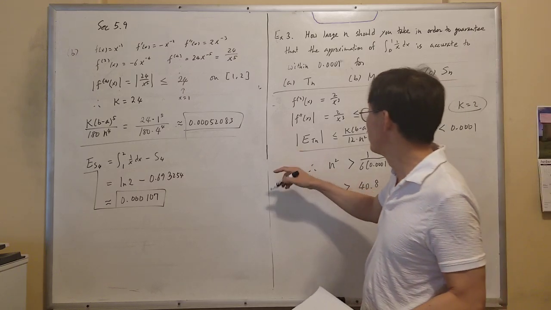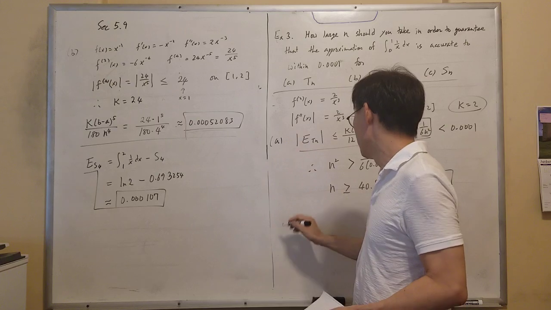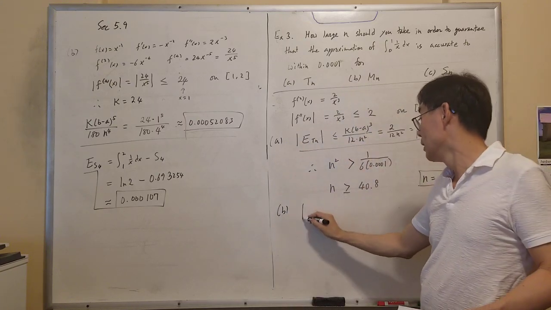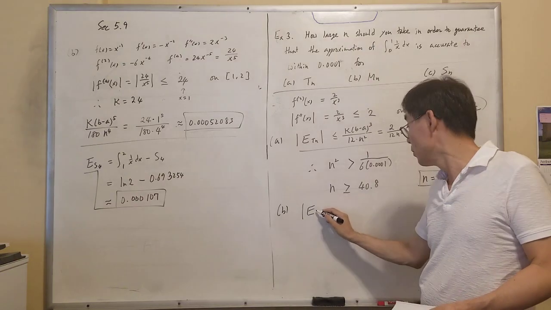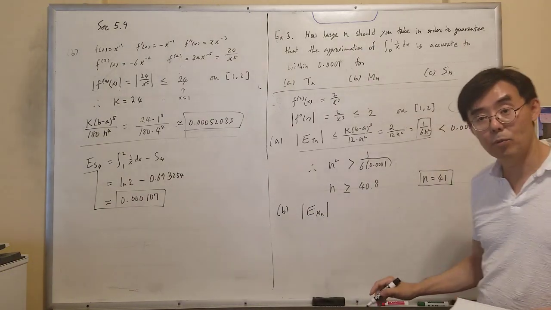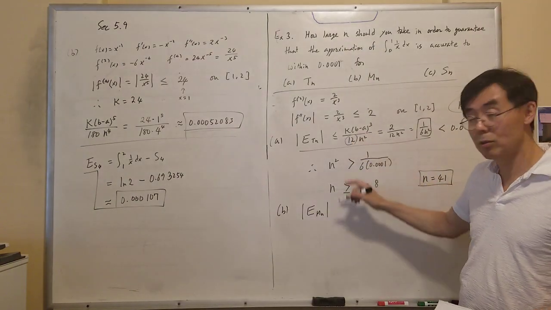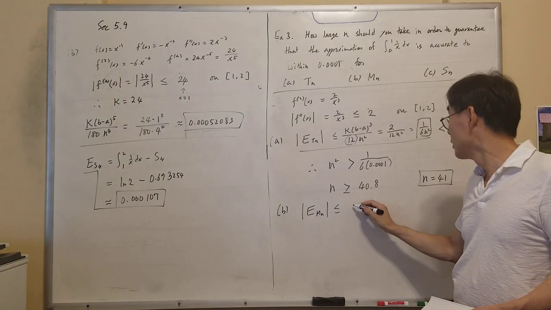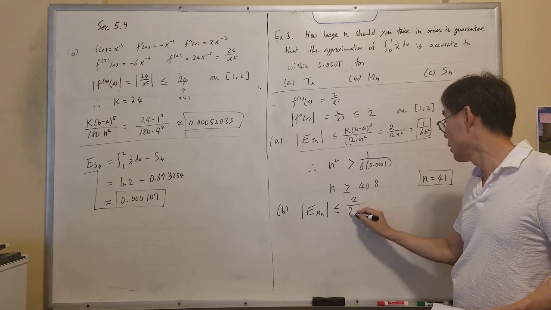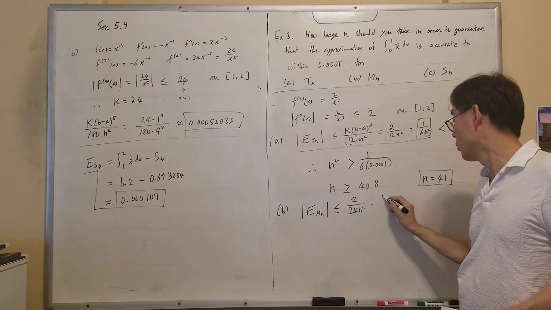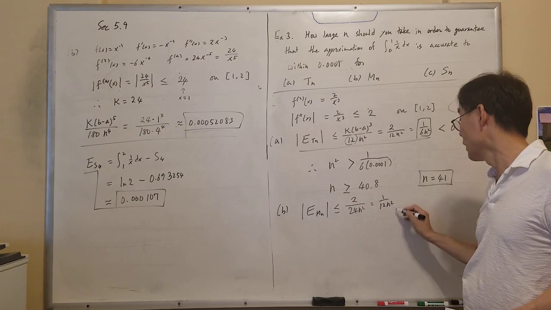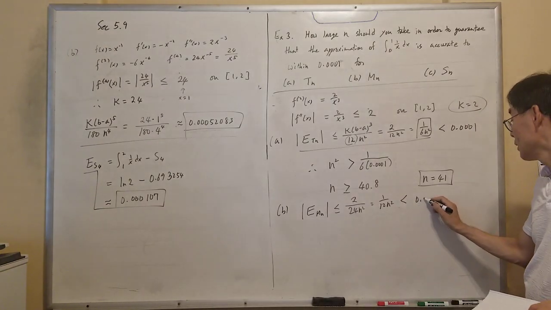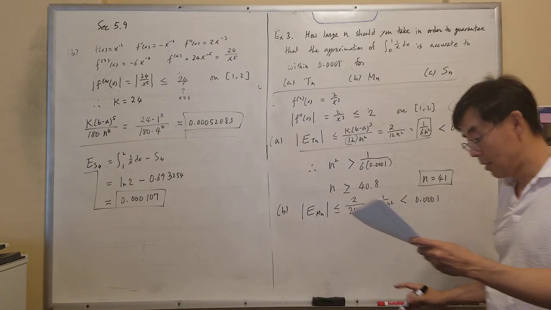That's A. Now B, same thing, we use the same k value. The midpoint rule's error bound was the same except for this 12 replaced with 24, right? So 2 over 24 n squared, so 1 over 12 n squared. We want this maximum possible error to be less than this one.